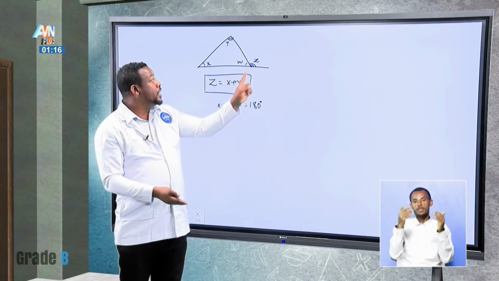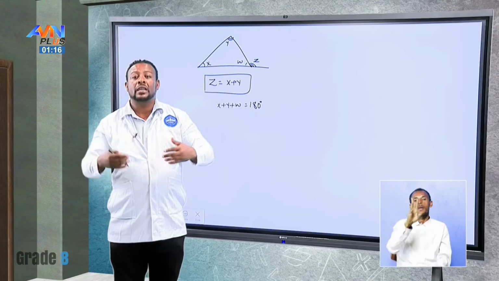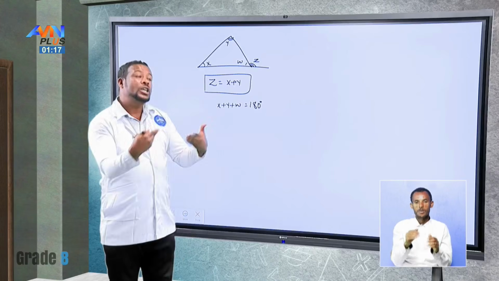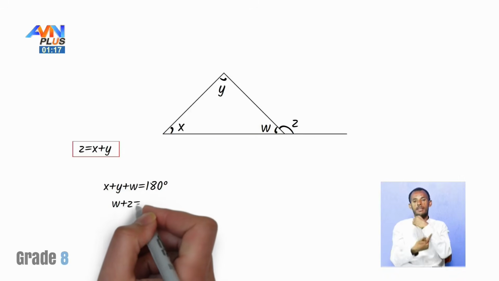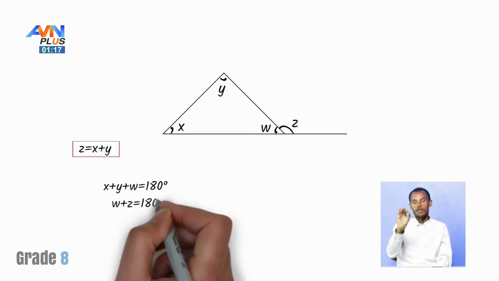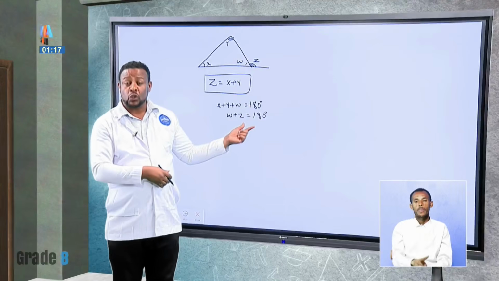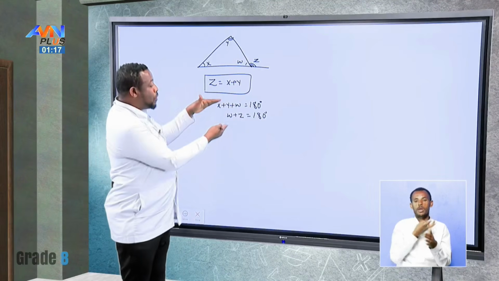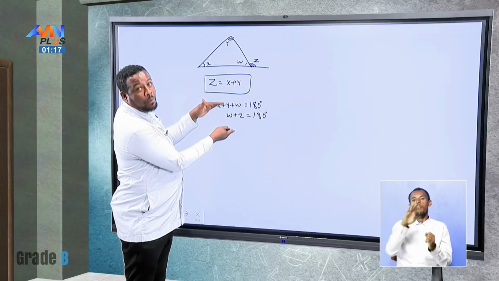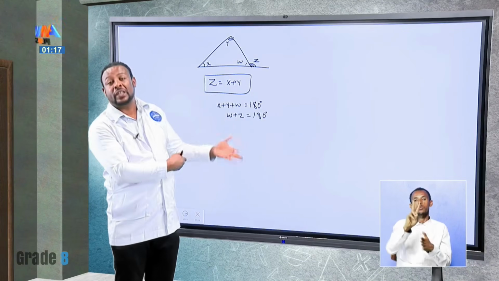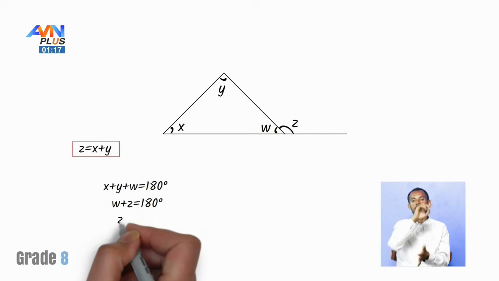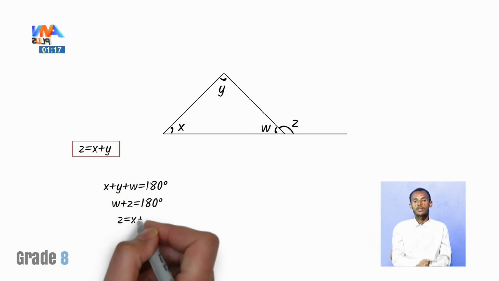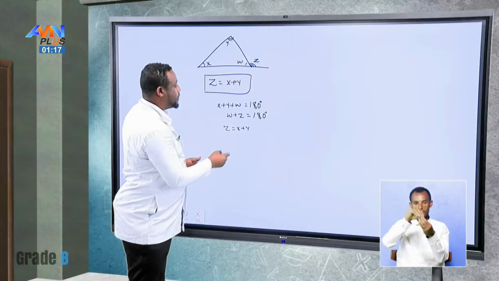The other thing, W and Z together form a straight angle. So any straight angle is 180 degrees, right? So from these two, by comparing these two expressions, you can see that Z is x plus y, right?